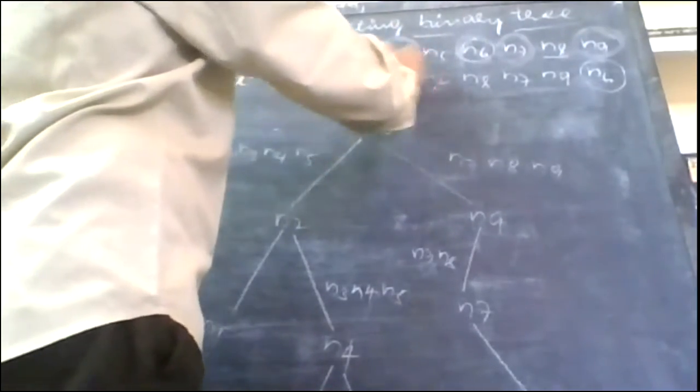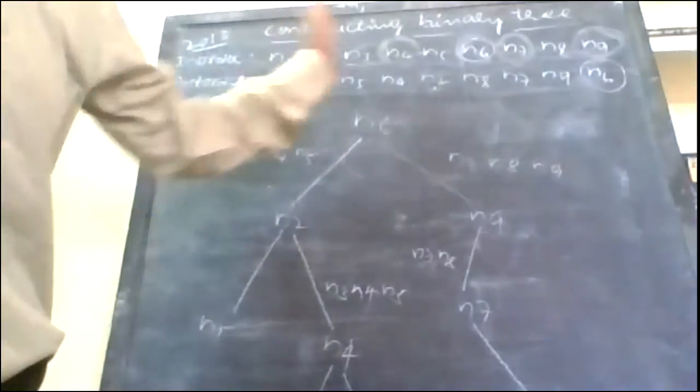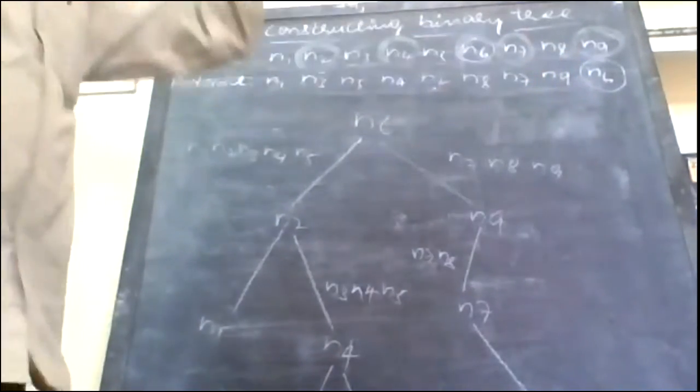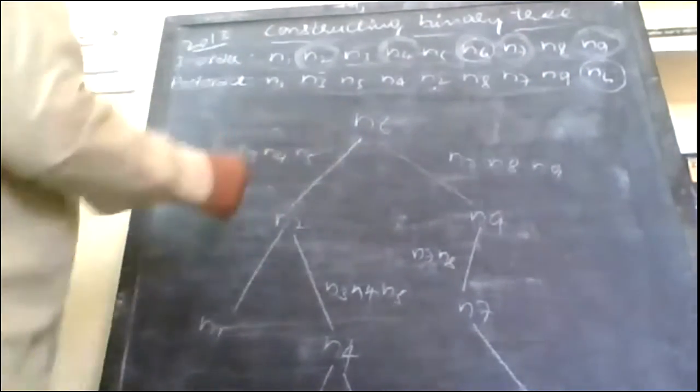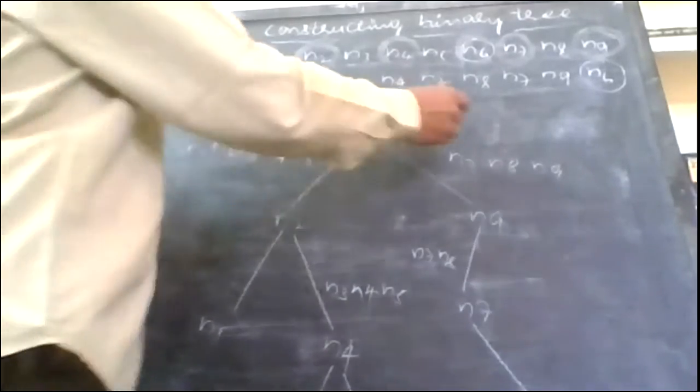I find these elements on the left side of that binary tree, and N7, N8 and N9 are the right subtree of N6. Then I mentioned N1, N2, N3, N4, N5 on the left side.